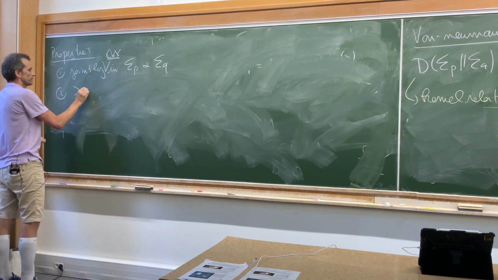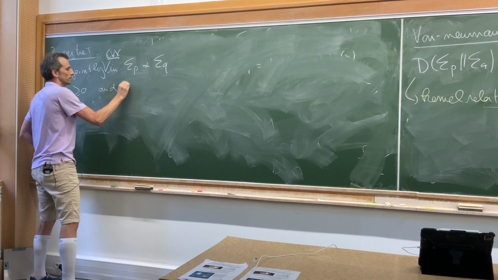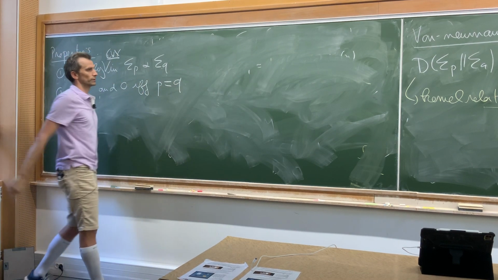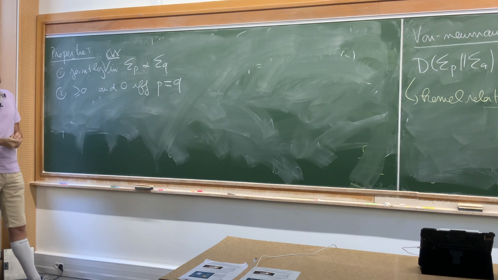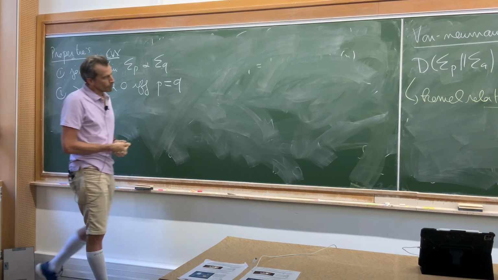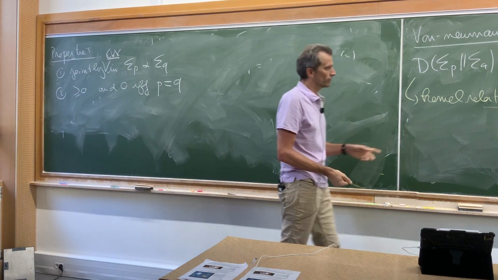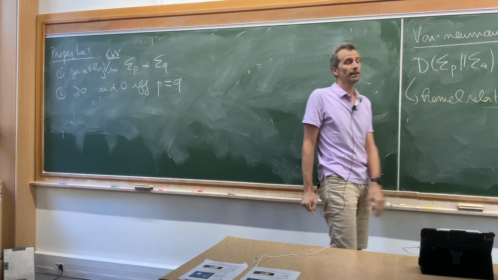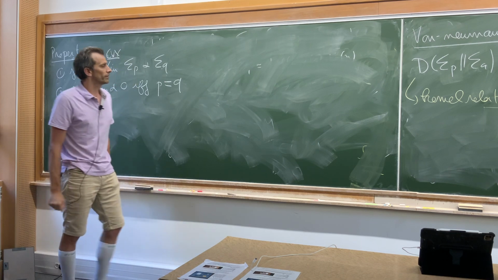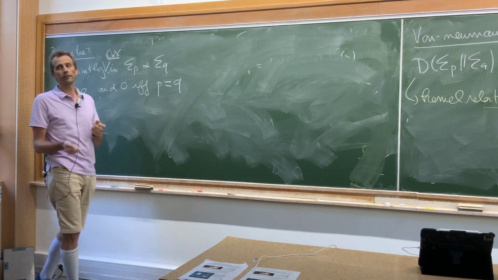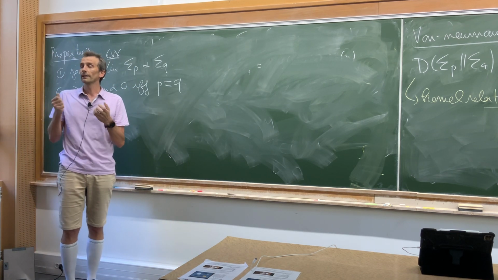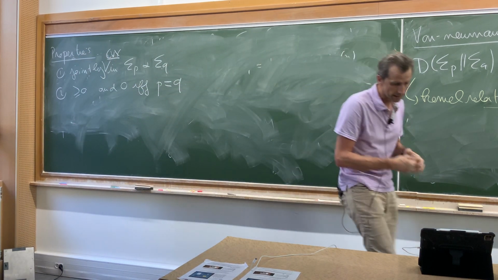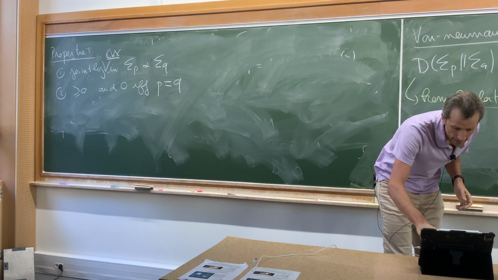It's positive and 0 if and only if P equals Q. This is just a consequence of it being the Bregman divergence for the trace of sigma log sigma. So it's positive and equal to 0 only if sigma p is equal to sigma q. But because I've assumed my kernel is universal, sigma p being equal to sigma q means P equals Q. So these are simple things.